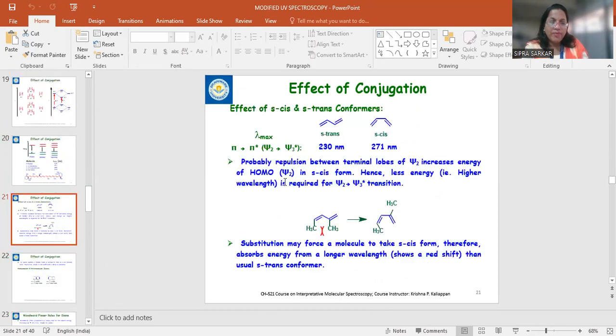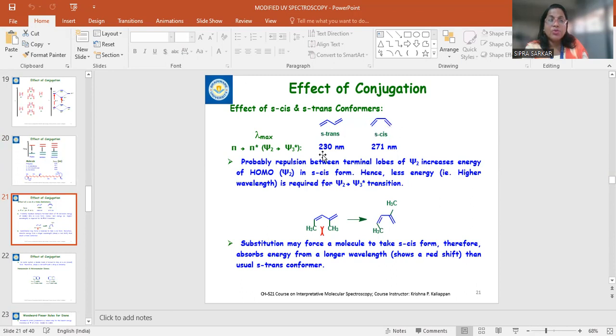Next, effect of s-cis and s-trans compounds. You can see the lambda max for these two compounds, one having a cis configuration and the other a trans configuration. In the cis configuration the lambda max is higher, and in the trans configuration the lambda max is lower, because here the electrons are stabilized, and there they are not stabilized, they repel each other.